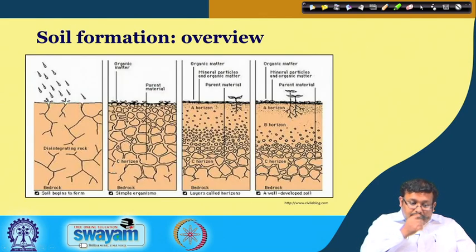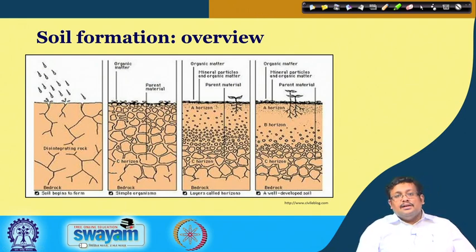If you see in this picture, I have shown 4 panels which show the chronological events for soil formation. As you can see in the first panel, the parent rock from which the soil is formed is shown, and it is acted upon by rainfall, which is a physical force, and this rainfall helps in the physical breakdown of this rock into smaller fragments.